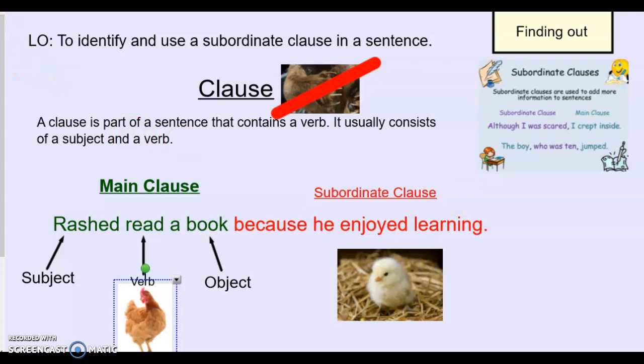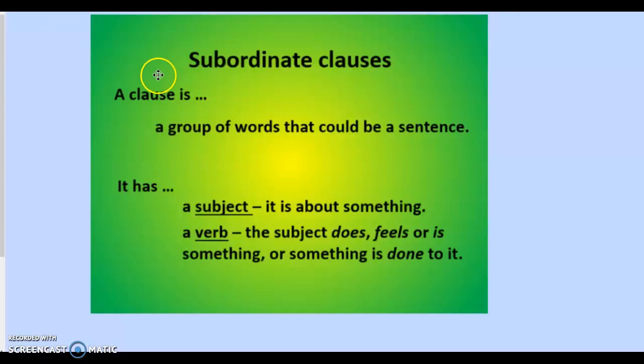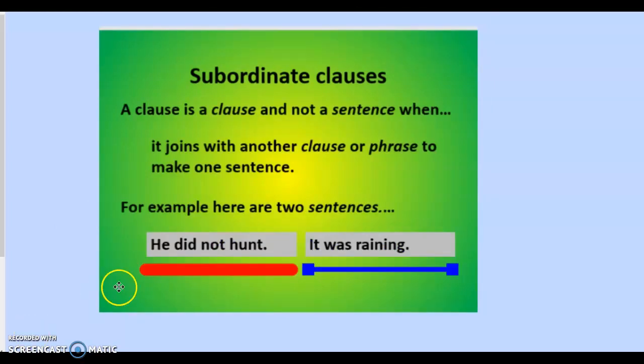So let's look into this in more detail. A clause is a group of words that could be a sentence. It usually has a subject, like Rashid, and a verb, read. Okay, so it has those two things in it to be a clause. Here we have two sentences. He did not hunt and it was raining.